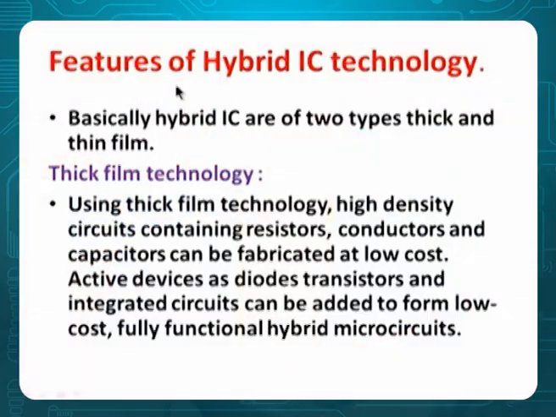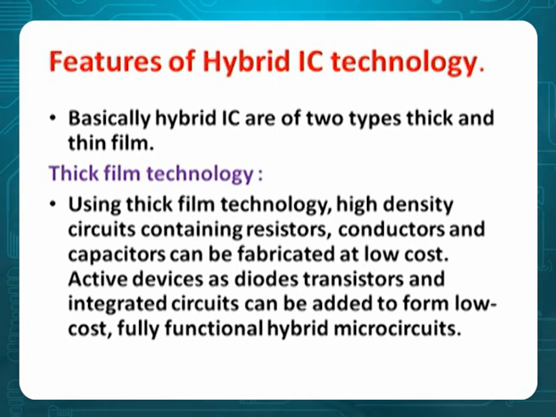Features of hybrid technology. Hybrid technology has two types of technologies. One is thick film and second is thin film. Thick film, what exactly does it say? Using thick film technology, high density circuits containing resistors, conductors, capacitors, all such things are fabricated at low cost.